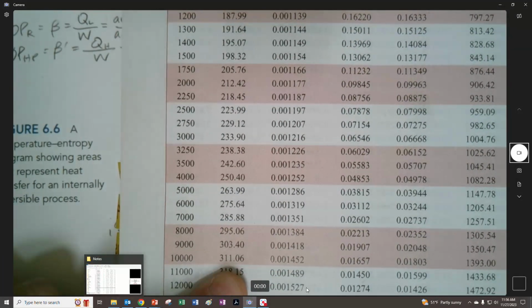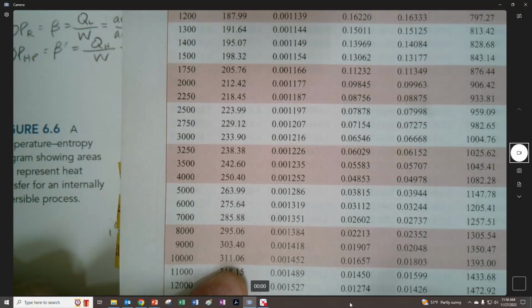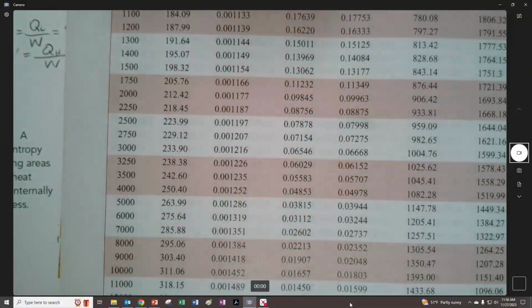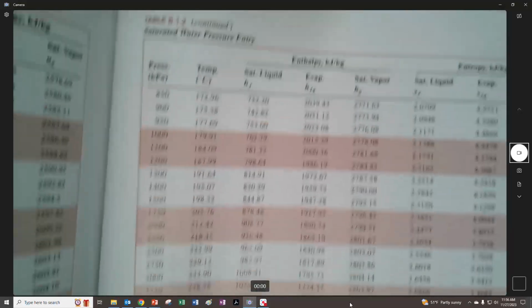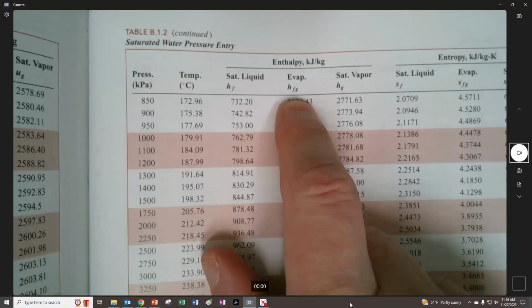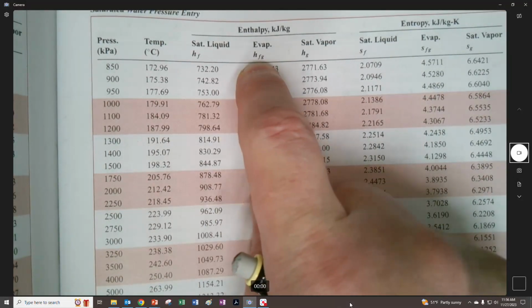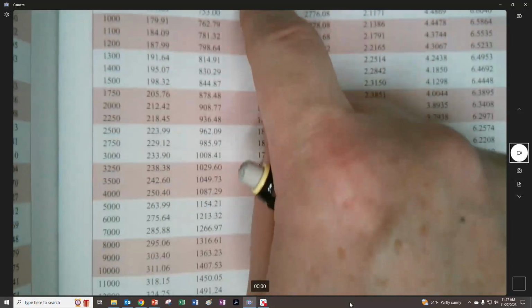We're on the specific volume page, so let's go over to the facing page under pressure, and find out what the enthalpy is underneath the vapor dome, crossing horizontally across the vapor dome.